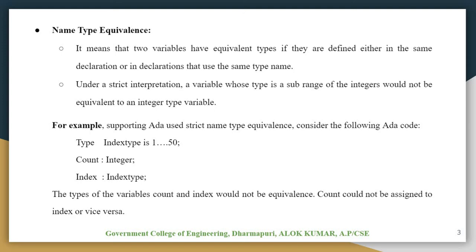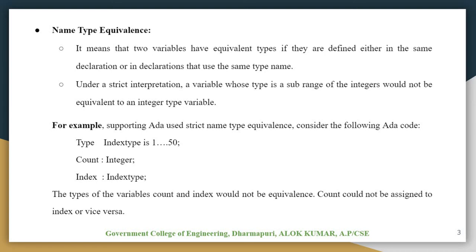Suppose Ada uses strict name type equivalence. Consider the following Ada code. Suppose we have a type index type, which has values from 1 to 50, and count has the integer data type, and index has the index type.